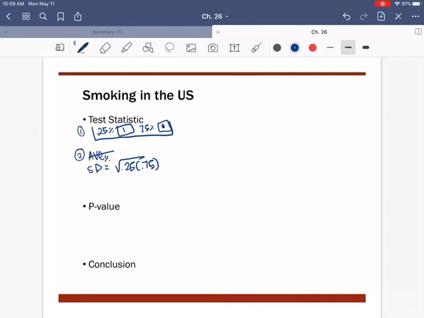Average of the box is not needed. Standard deviation of the box is the square root of 0.25 times 0.75, or 0.1875. So I'm going to round that to 0.19.